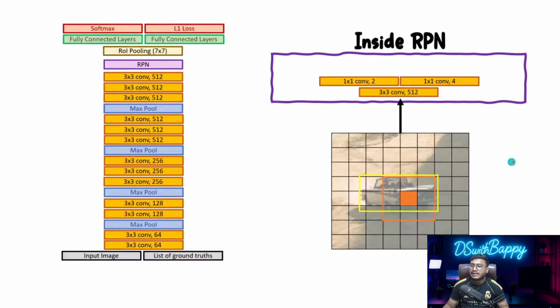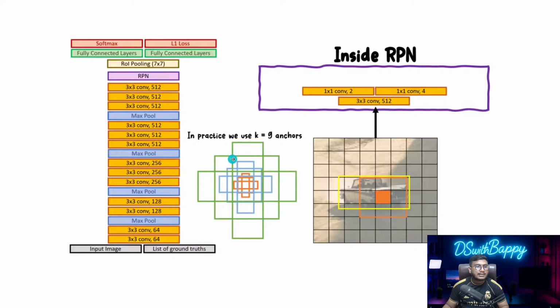Now in this particular Faster RCNN architecture, how many anchor boxes are they using? They're using 9 anchor boxes with different sizes. Every time it moves over the image, it will try to identify whether any object is there or not. If any object is there, it will classify that object, and it will also adjust the bounding box size, that means the anchor box size, with a regression layer.